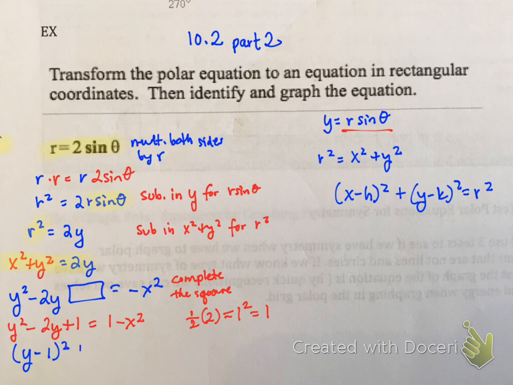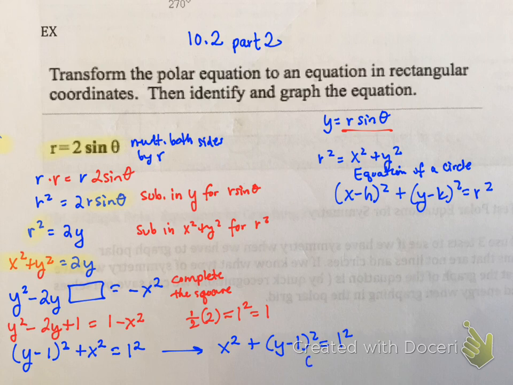I'm going to bring the x squared over to the left-hand side so it looks like an equation we are familiar with, the equation of a circle not in standard position. Let me rewrite it so it's a little more clear: x squared plus y minus 1 squared equals 1 squared.